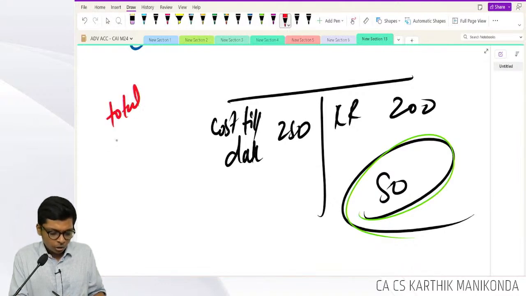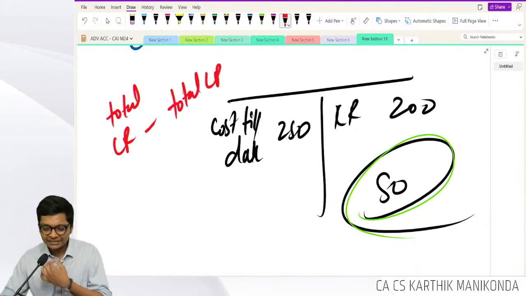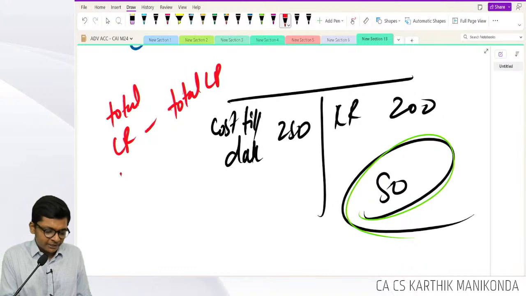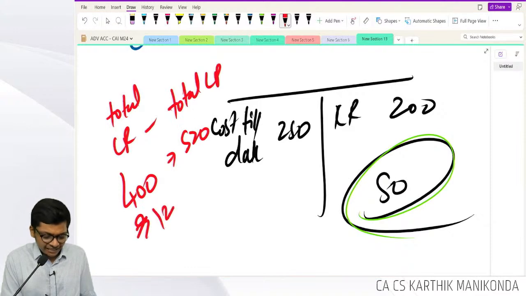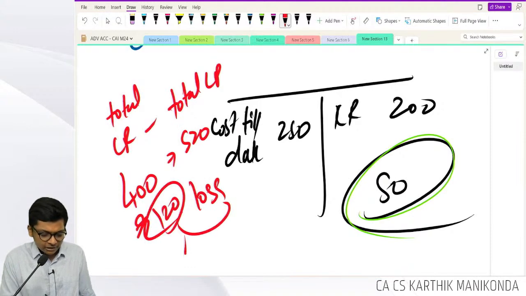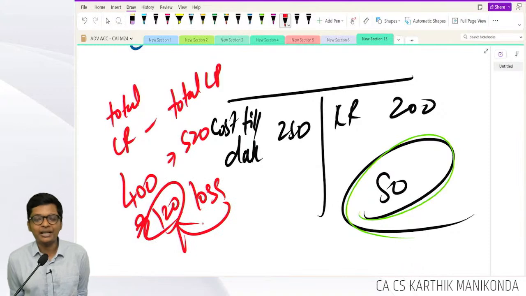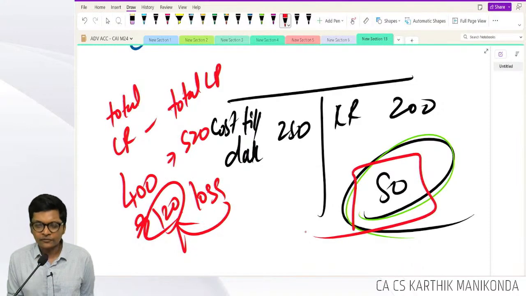Total contract revenue minus total contract cost. Total contract revenue, maybe it's 400. Total contract cost, maybe it's 520. That means you will have a total loss on this project of 120. I'm just giving random numbers. So in 120, you've already accounted a loss of 50.